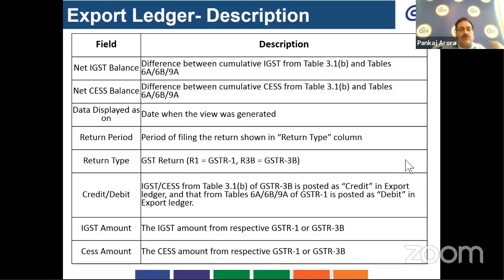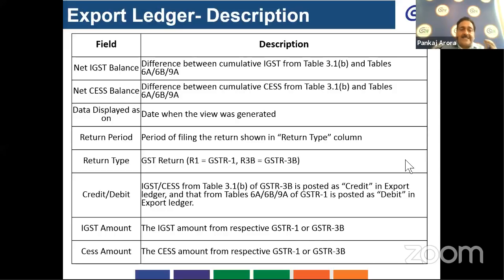So the field will show you the date on which the view was generated, and the return period and return type it will show. And suppose it is indicating R1, R1 means GSTR1 and R3B means GSTR return 3B. So credit and debit entries will be given in the export ledger.